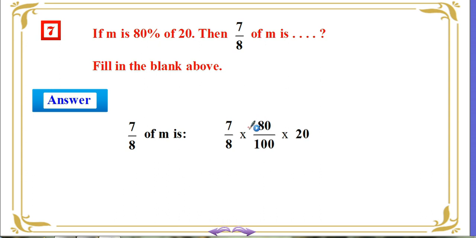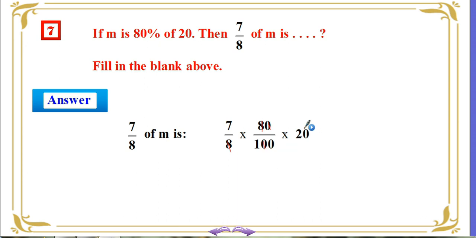We shorten an 8 in the numerator and an 8 in the denominator. Continue to shorten a 0 digit of the numerator 80 and a 0 digit of the 100 in the denominator.